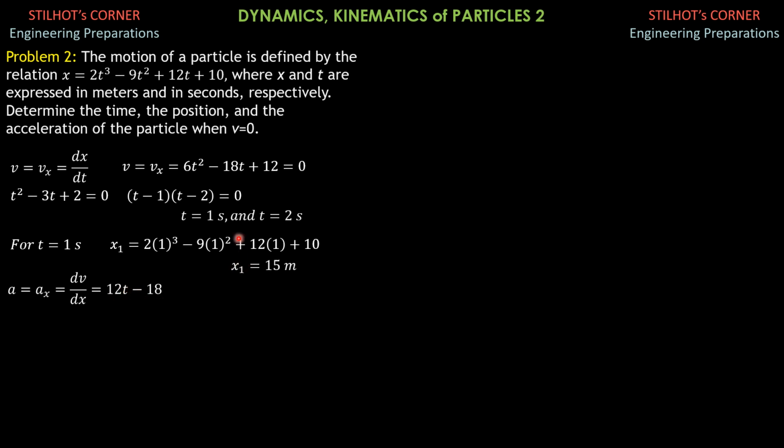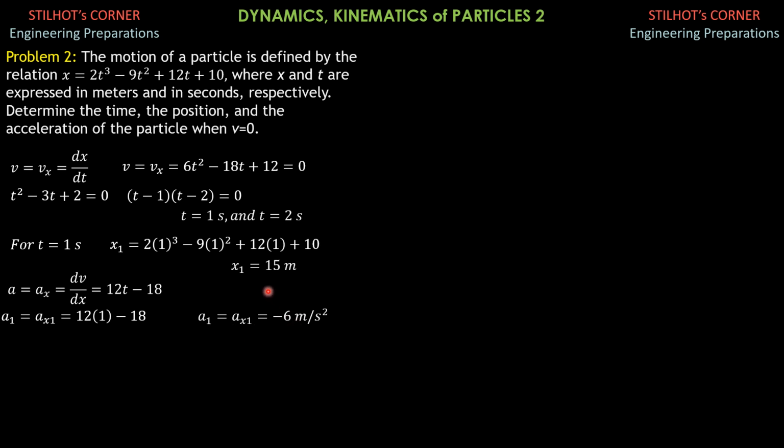Then when t is 1 second, we have 12 times 1 minus 18. So the acceleration is 12 minus 18, and that is negative 6. So a sub 1 equals negative 6 meters per second square. So that means one set of answers would be, for t equals 1 second, the position is 15 meters and the acceleration is negative 6 meters per second square.